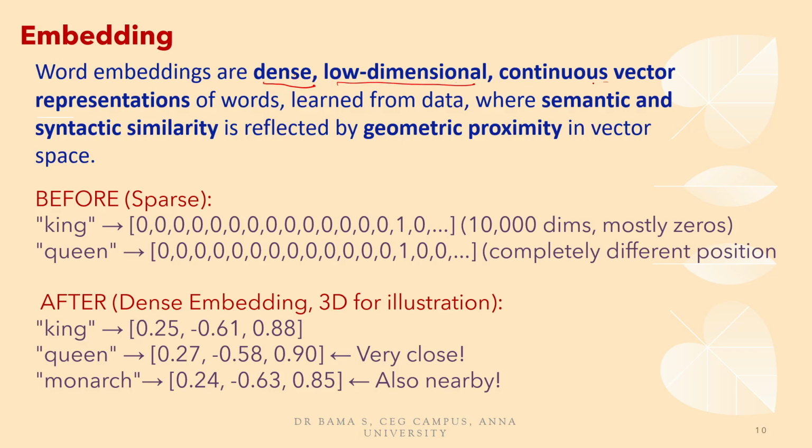This is very important because these embeddings are learned from an enormous amount of data, particularly using neural networks, where semantic and syntactic similarity is reflected by geometric proximity in vector space.